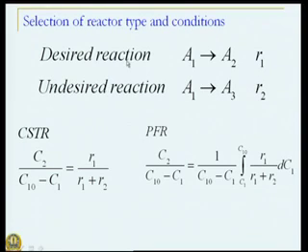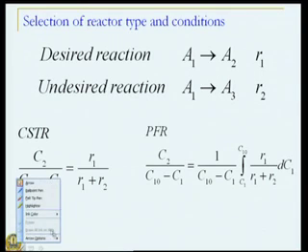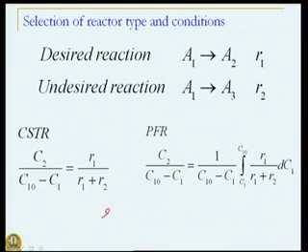Once again, reiterating the same idea: for CSTR this is my selectivity, for plug flow reactor this is my selectivity, and we just wrote that selectivity S2 is 1 over 1 plus K2 by K1 C1 raised to Q2 minus Q1, if R1 and R2 are expressed as power law kinetics having orders Q1 and Q2.